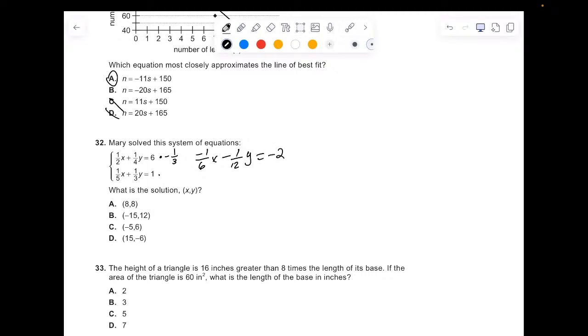I'm going to multiply this one by 4, or 1 over 4. So this is going to be 1 over 20x plus 1/12 y is equal to 1 over 4. Add these together, which is going to be equal to, bam, negative 1 over 6x plus 1 over 20x is equal to negative 2 plus 1/4.